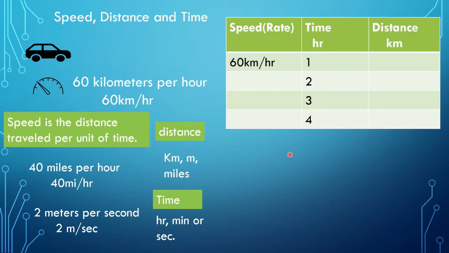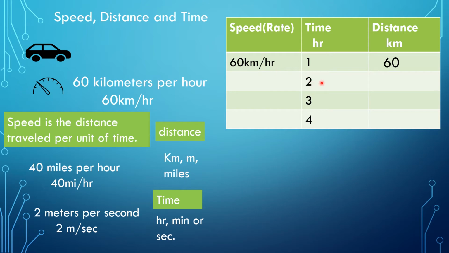Okay, so I have a table here which shows the speed or the rate, which is 60 kilometers per hour. I have here the time in hours. If we have 1 hour, what does it mean when we say 60 kilometers per hour? It means that for every 1 hour, you travel 60 kilometers.